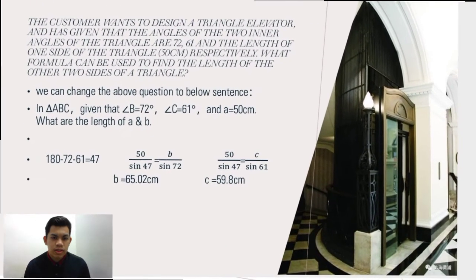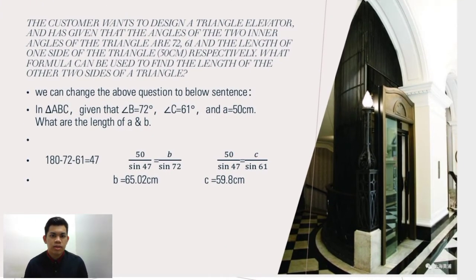The first question in this topic is: a customer wants to design a triangle elevator and has given that the two inner angles of the triangle are 72 and 61 degrees, and the length of one side of the triangle is 50 cm. What formula can be used to find the length of the other two sides of the triangle?